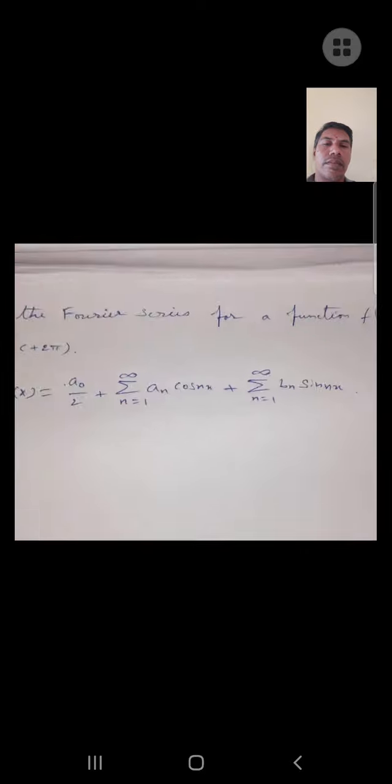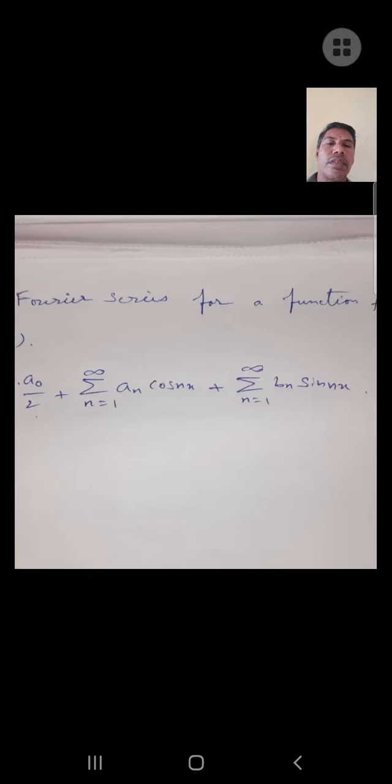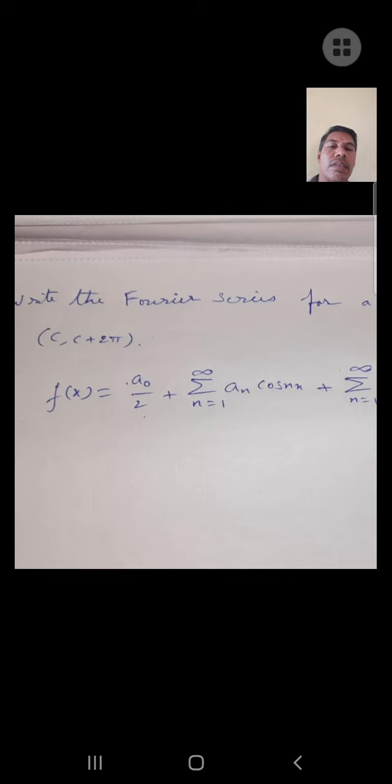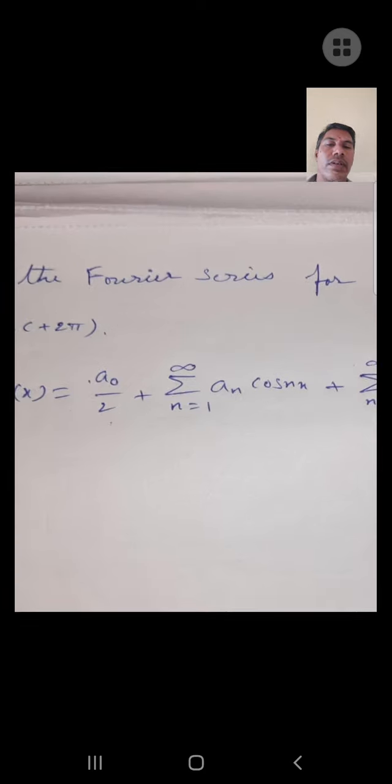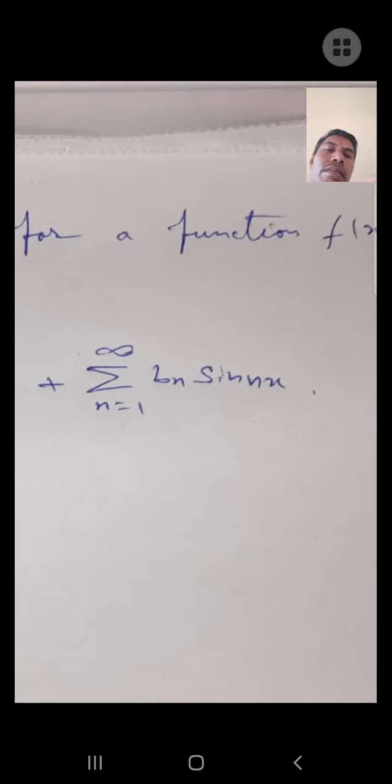Next, write the Fourier series for a function f of x in c to c plus 2 pi. So f of x equals a naught by 2 plus sigma n equal to 1 to infinity a n cos nx plus sigma n equal to 1 to infinity b n sin nx.